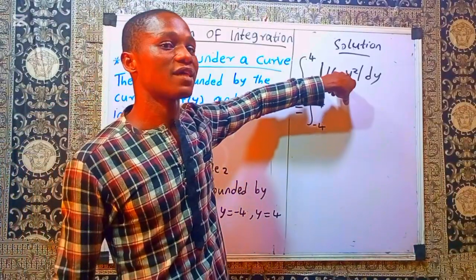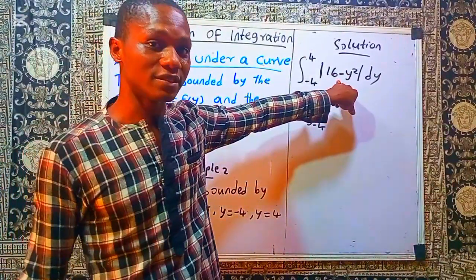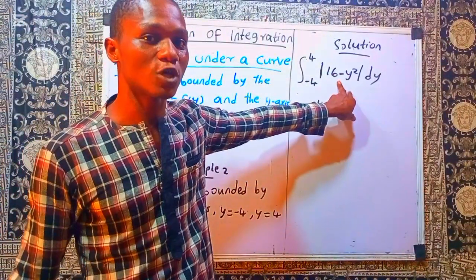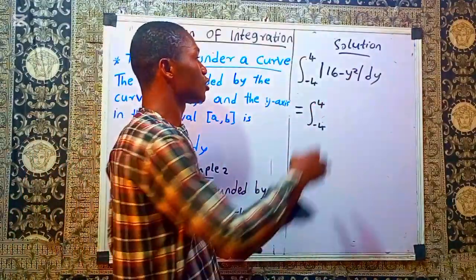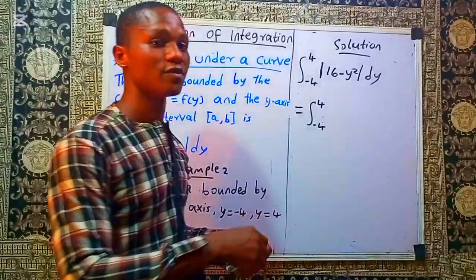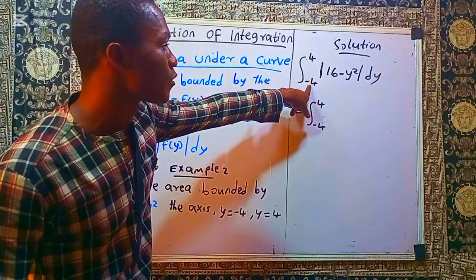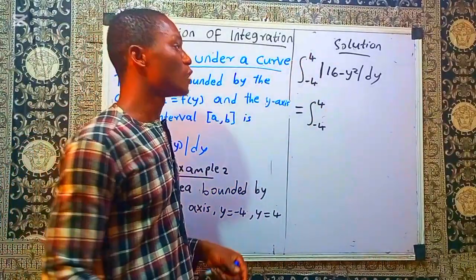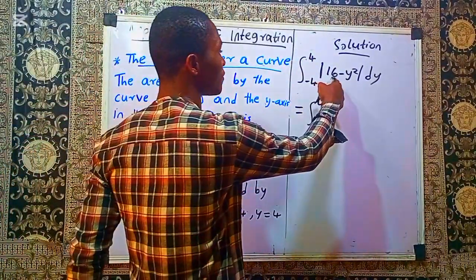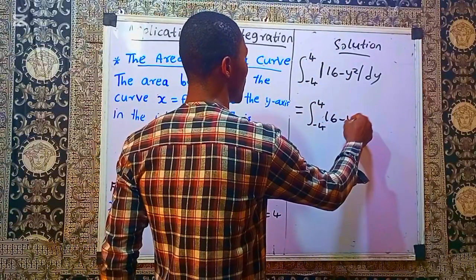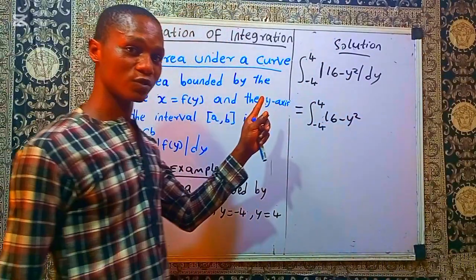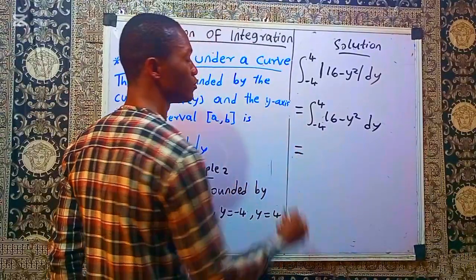But if something inside the absolute value is already positive, then the result is just what is inside the absolute value. You don't need to put negative. But because what is inside here is positive for all values of y from minus 4 to 4, the absolute value of 16 minus y squared is the same thing as 16 minus y squared with respect to this interval.